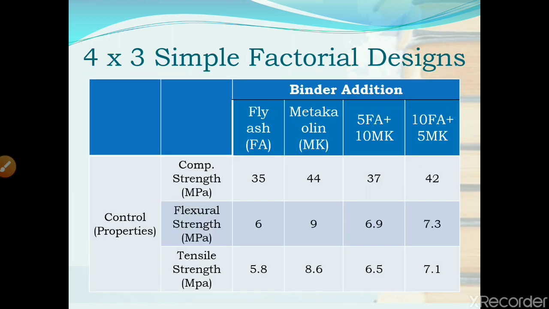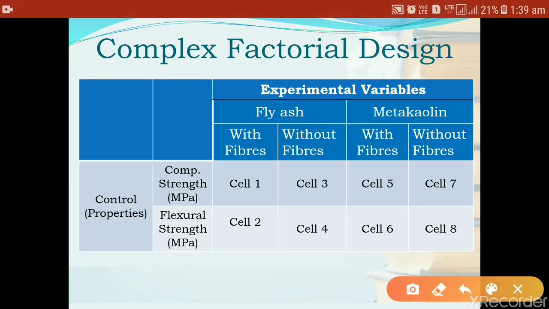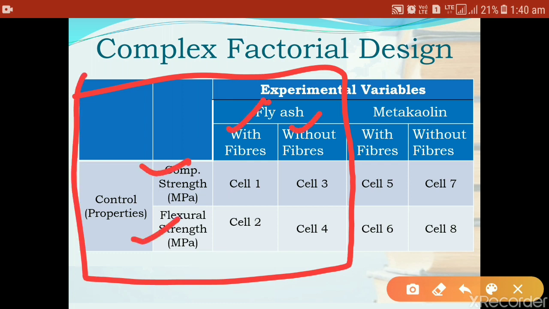So here, this is the complex factorial design. So if I am considering only this part, 2 treatments are there and 2 controls are there. So here it is just a 2 by 2 simple factorial design.